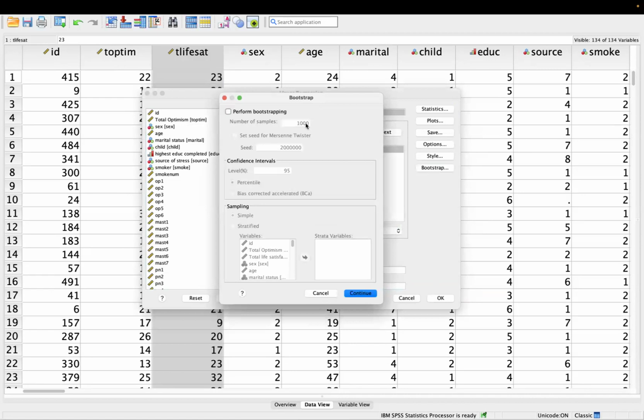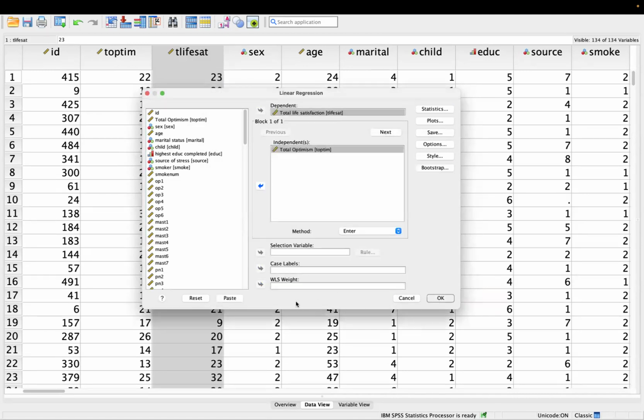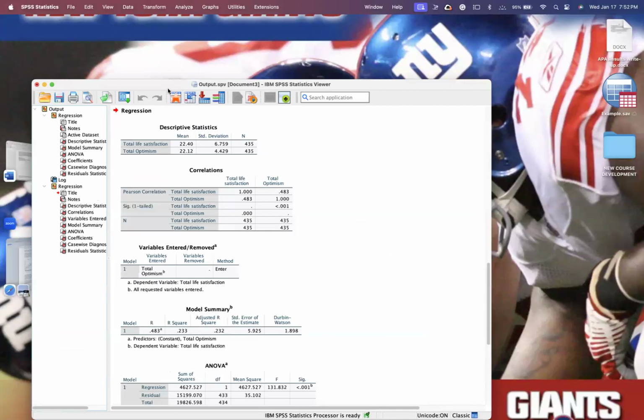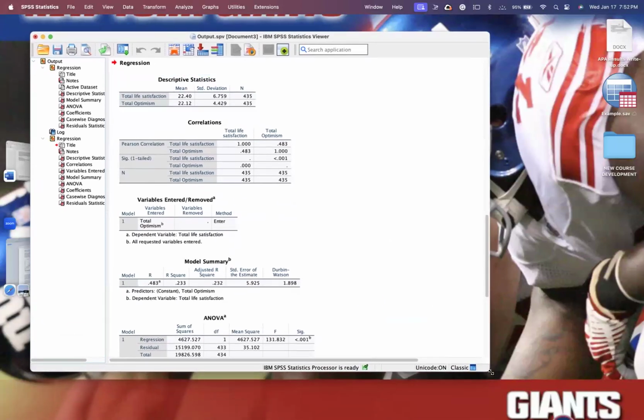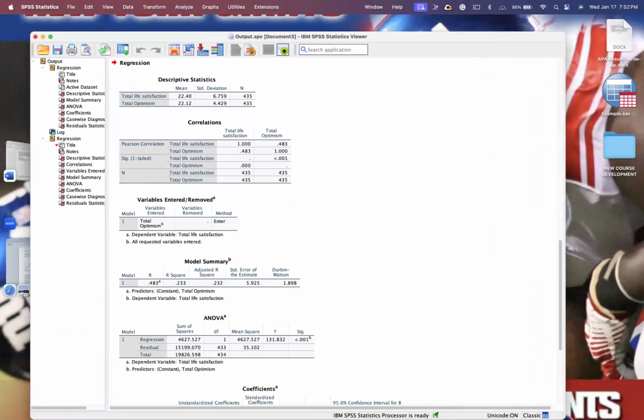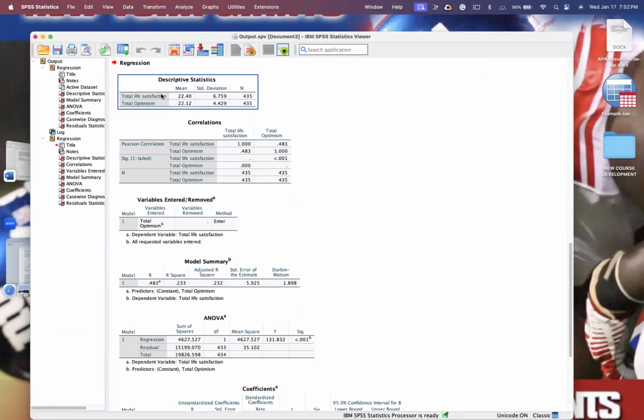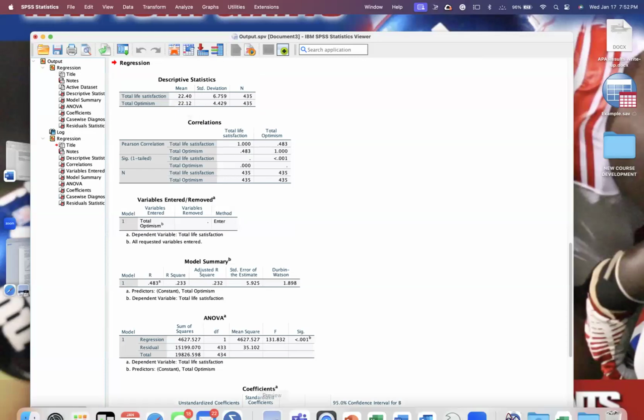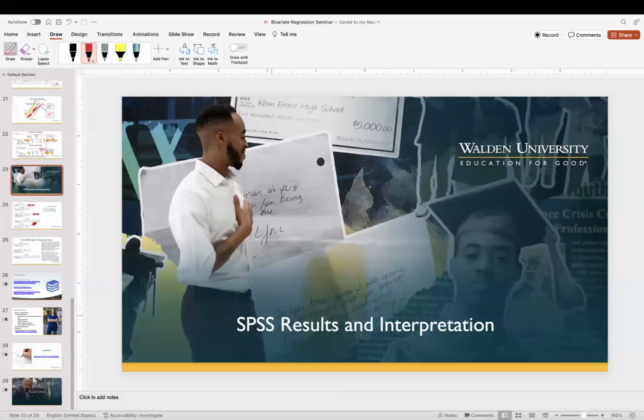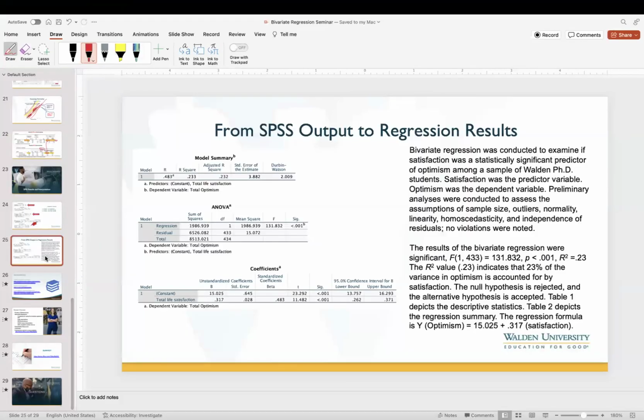You see how it defaults to 1,000? Just leave it at that. That's all. And you simply hit OK. And this would be the results of that regression. And we're going to talk about this, okay? Where we'll talk about that is in the presentation. And I'm going to make this a little bigger here.